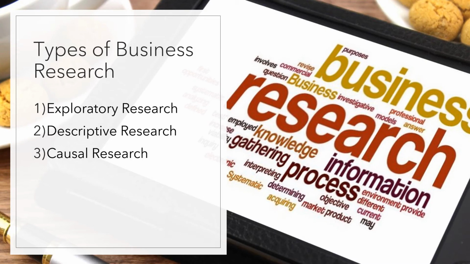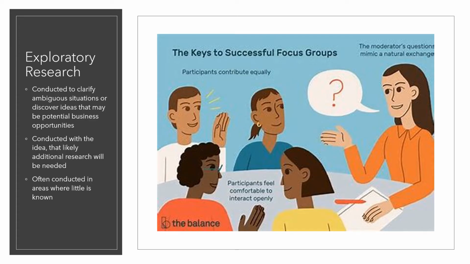There are three types of business research: exploratory research, descriptive research, and causal research. Exploratory research is used when there is very little known about a phenomenon or a business problem. An example of this would be one organization that I worked for previously, where we were trying to identify whether our organization actually needed a developmental program for women to encourage them into leadership roles.